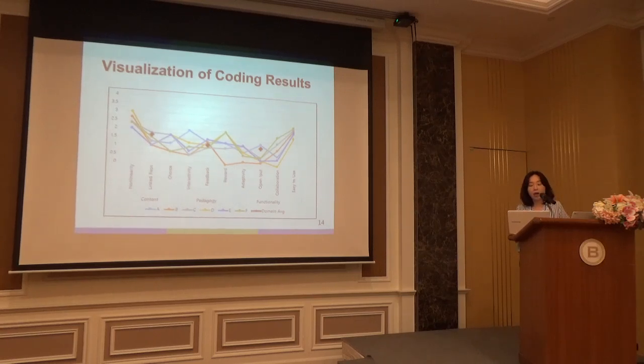The 1 point range is seriously inadequate in terms of our scale. And moreover, the functionality affordance elements, except easy to use, did not exceed 1 point.